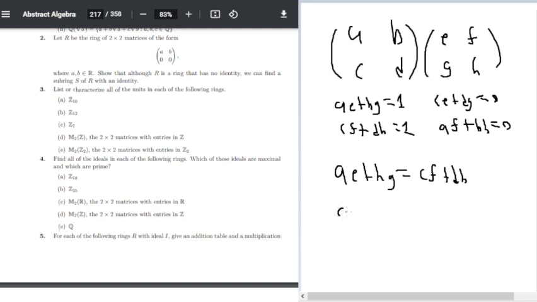And we have that CE plus DG is equal to AF plus BH.